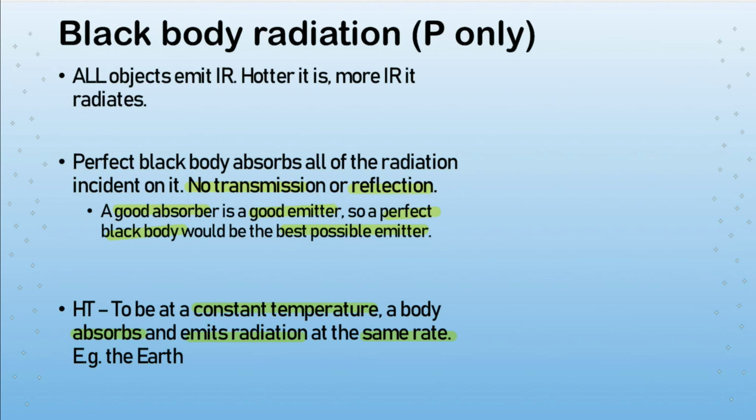And the way that that is happening at the moment is that the increase in greenhouse gases is meaning that less heat is being emitted from the Earth. It's being re-emitted by the Earth, but it's getting trapped by greenhouse gases in the atmosphere. And that's stopping the radiation being lost.